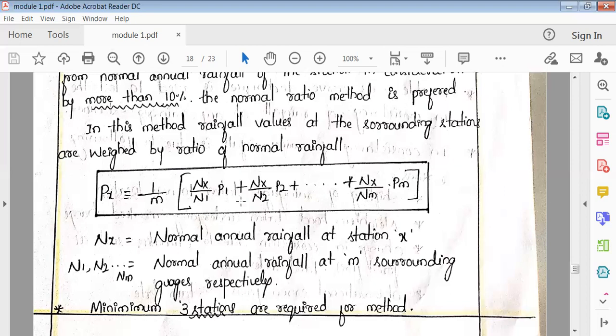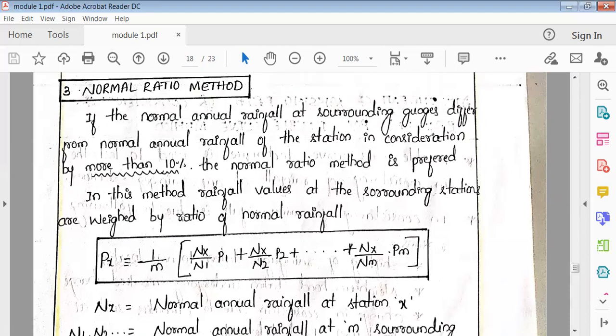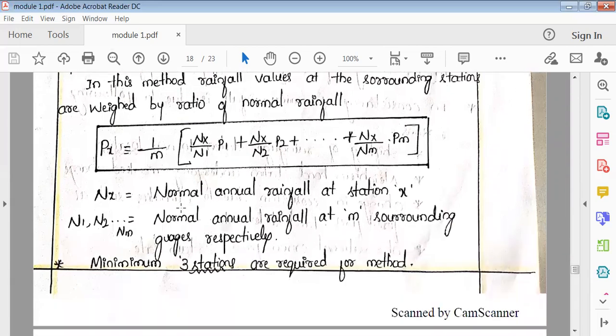If you use this formula, you'll get the missing data. This is preferred when the annual rainfall differs by more than 10% from the adjacent stations.